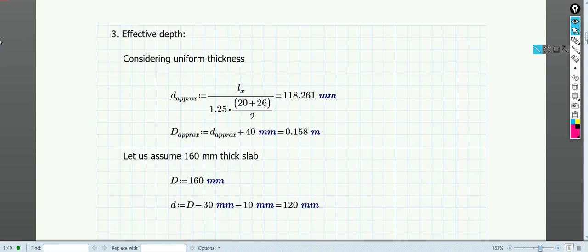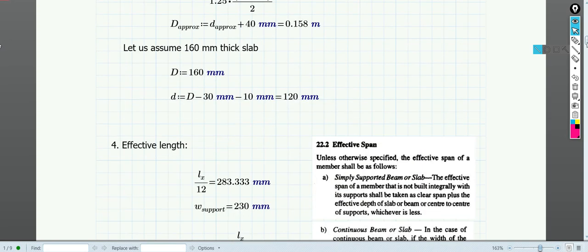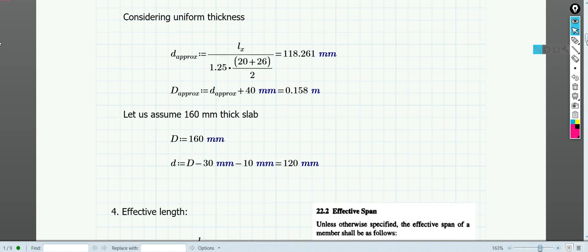Now approximately we got the effective depth as 118.261 mm. Then what overall depth can we approximately take? Assuming an effective cover of 40 mm, 118 plus 40 is around 0.158 meter, so let us assume 160 mm.